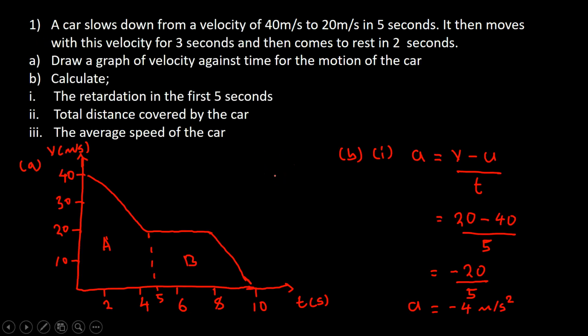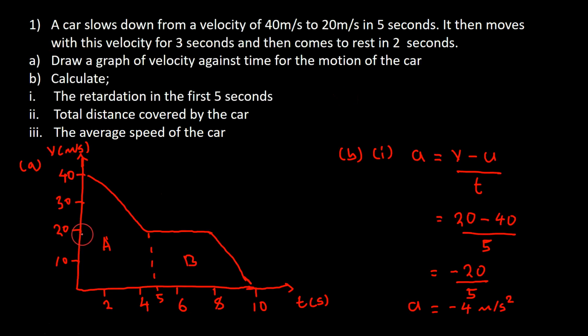So distance A will be equal to 1 over 2 times (A plus B) multiplied by H. Let's identify our variables.